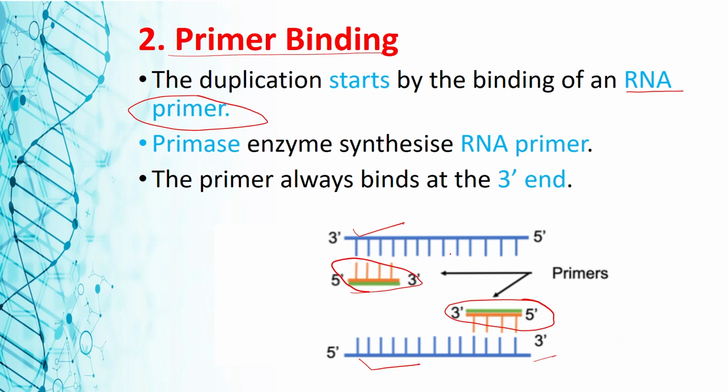They are anti-parallel. That is why it is marked as 3' to 5', and on the second strand it is starting from 5' to 3'. But you can see that the replication always starts from only the 3' end.